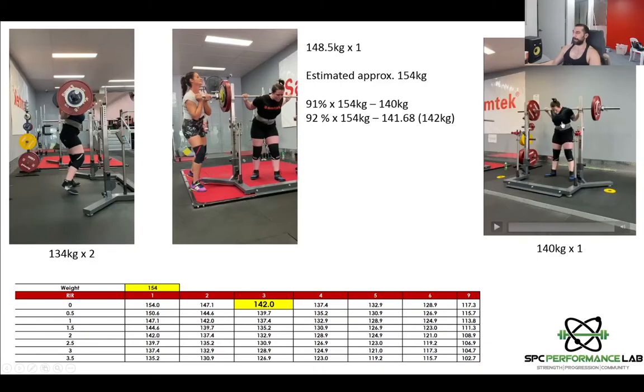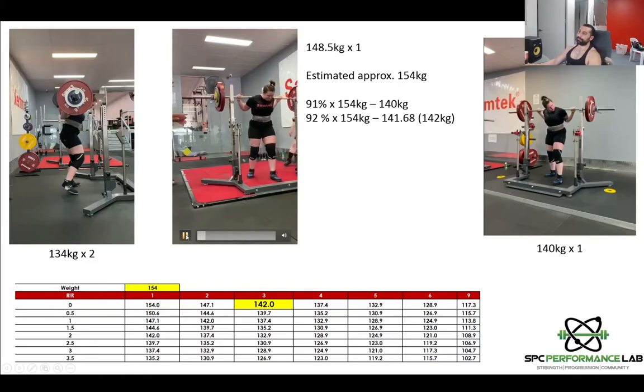Okay, so this was about maybe three or 4 weeks before this video. So if we look at this, that's 140. I think I'm pretty comfortable with that. I think even on a bad day, she'll be able to make that pretty easy. Okay, so I went with a 140 kilo opener.